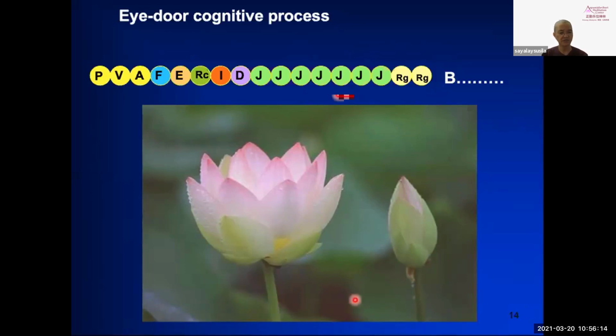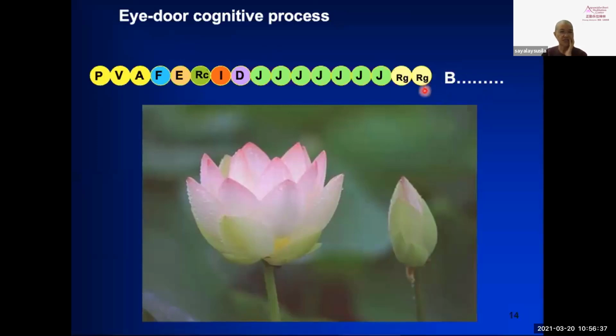Same thing, if you run very fast, before you stop, you have to slow down your pace first. So slowing down is the registering consciousness, to slow down the force of jhana, so that the idle cognitive process can come to a stop, and the mind falls into bhavanga.